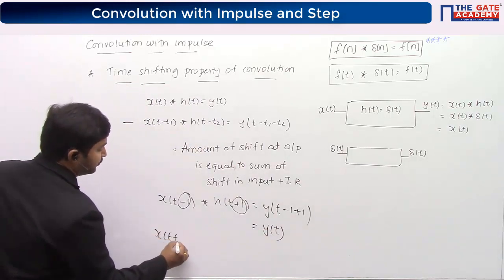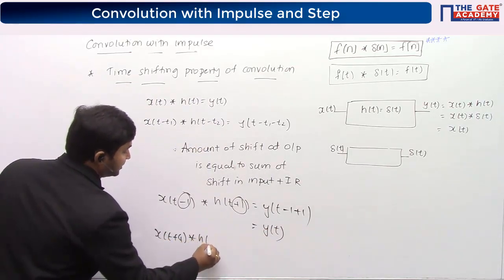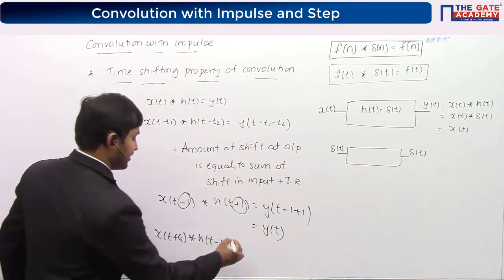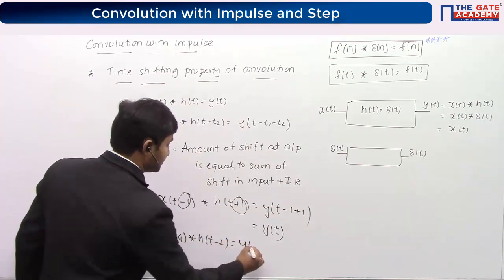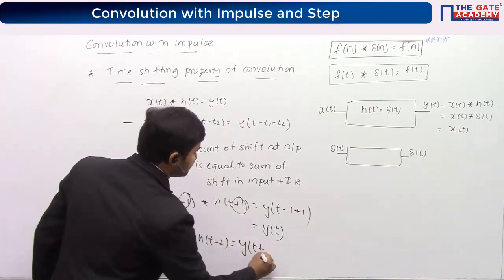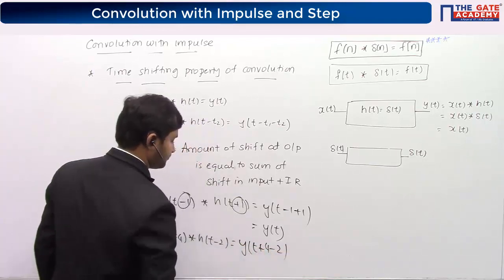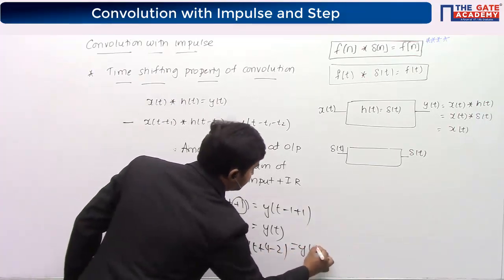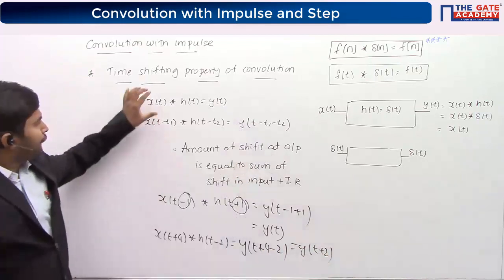Next, x of t plus 4 convolved with h of t minus 2 is y of t plus 4 minus 2, so it is going to be y of t plus 2.